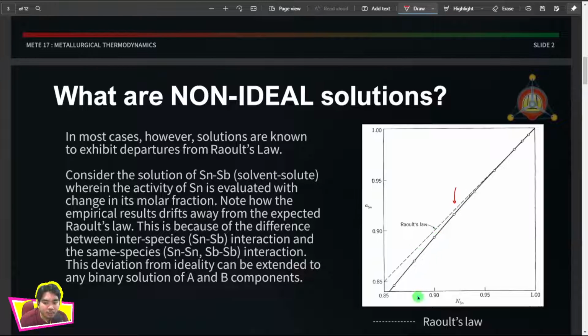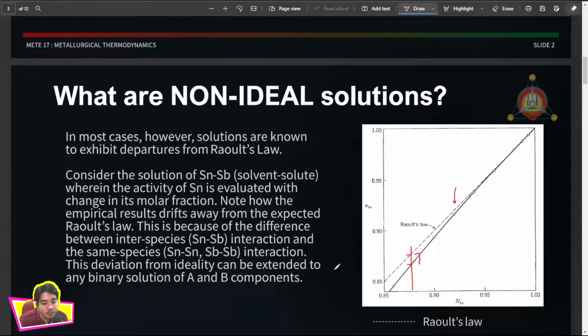If you take any concentration, there is actually a difference, and this difference is what makes non-ideal solutions. Because of how the solutions interact with one another, nagbabago yung real activity niya doon sa solution that it is a part of.